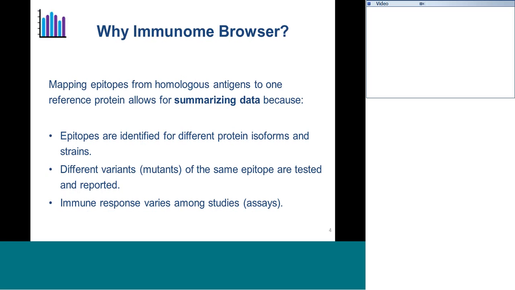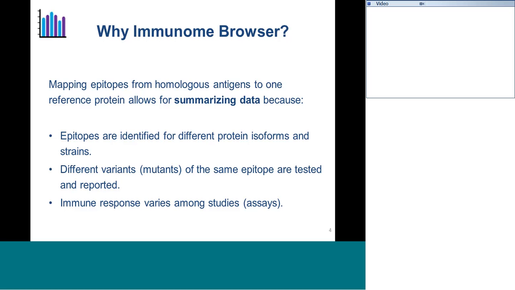So why Immunome Browser? It allows you to summarize data because we have in the database epitopes which are defined for different protein isoforms and different strains. That's a way to bring data from those different antigens together to map to the reference antigen. Also, the same epitope is tested and reported in different mutant variants, and Immunome Browser provides a way to look at them all together.